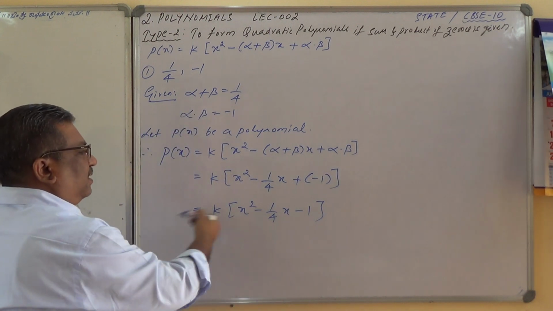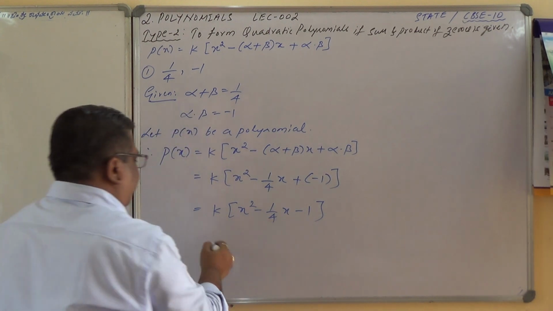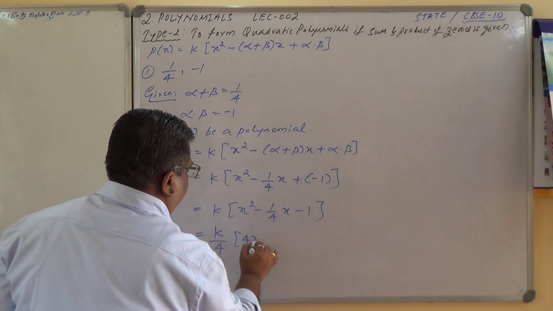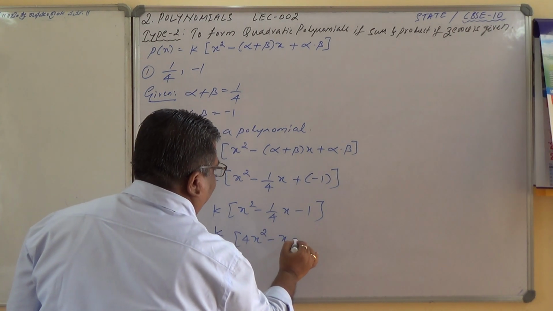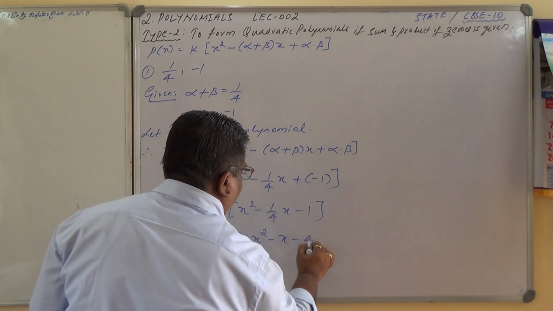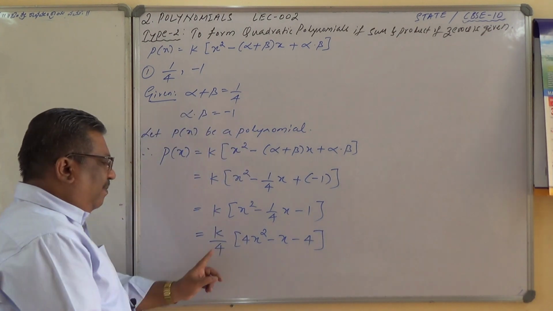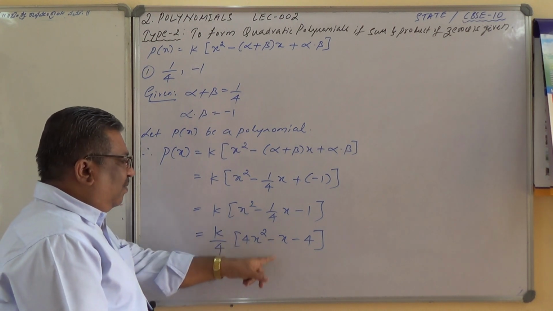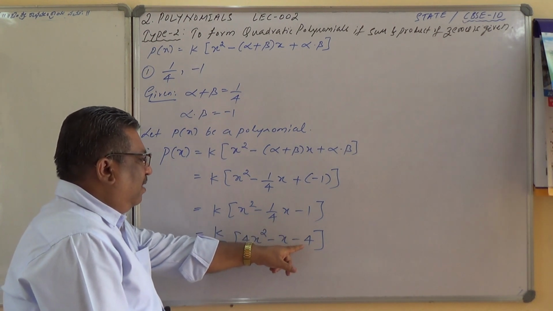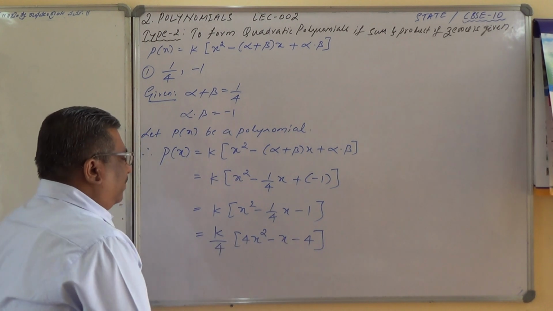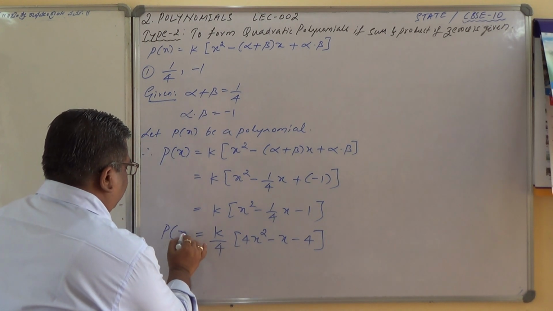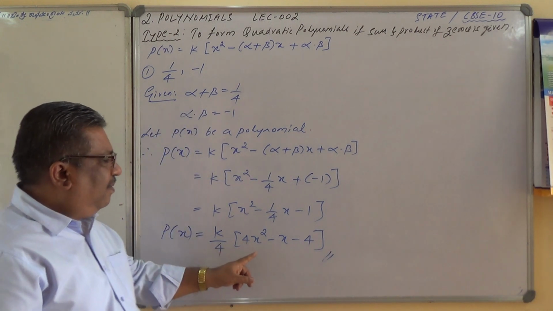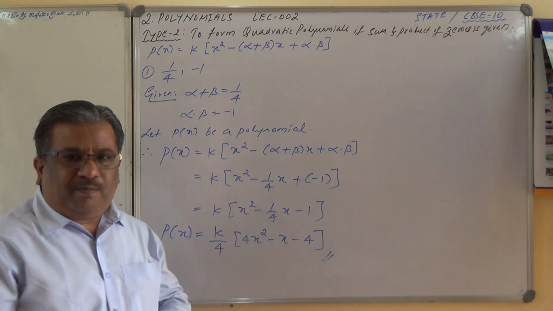Now I want to take 1 by 4 common, which equals k by 4 into bracket 4x square minus x minus 4. You got it? If I multiply with 1 by 4, 4 cancels, x square, and it is x by 4. And here also 4 cancels, minus 1. And therefore the given quadratic polynomial is k by 4 times 4x square minus x minus 4.